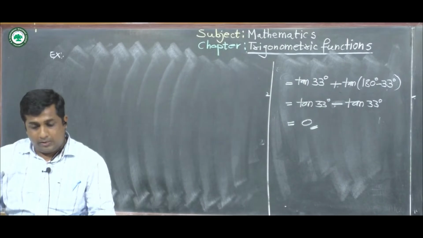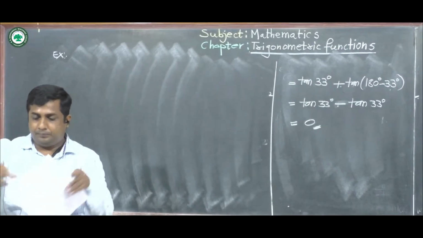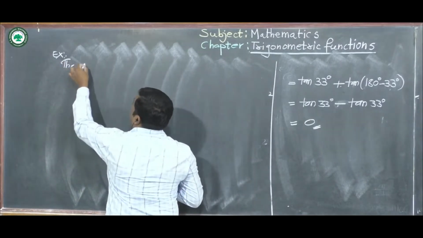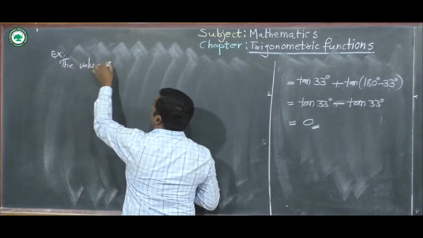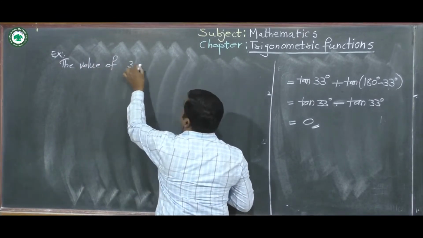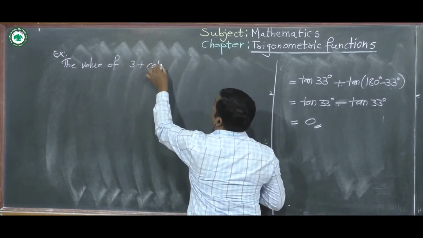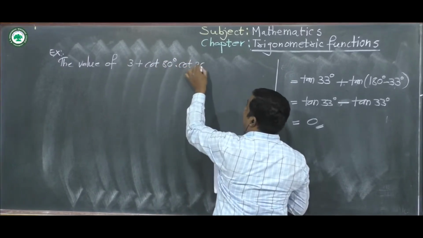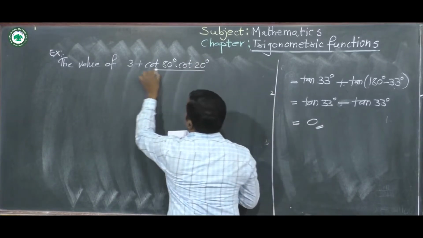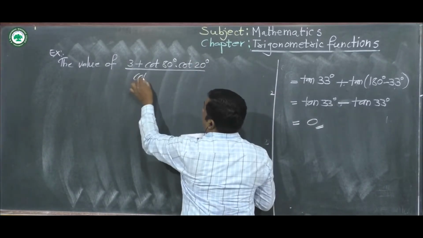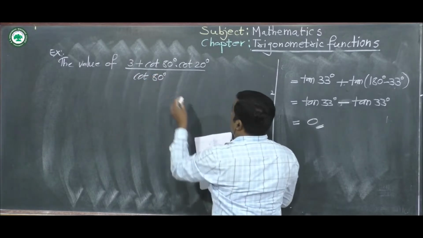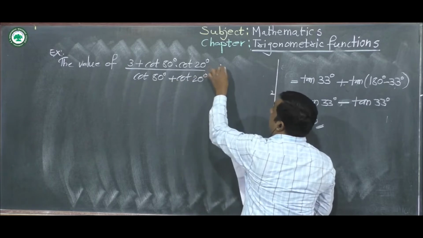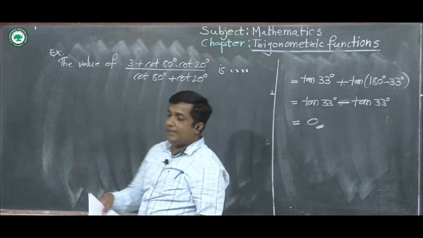Okay, so next question is: find the value of (3 + cot 80° × cot 20°) divided by (cot 80° + cot 20°).